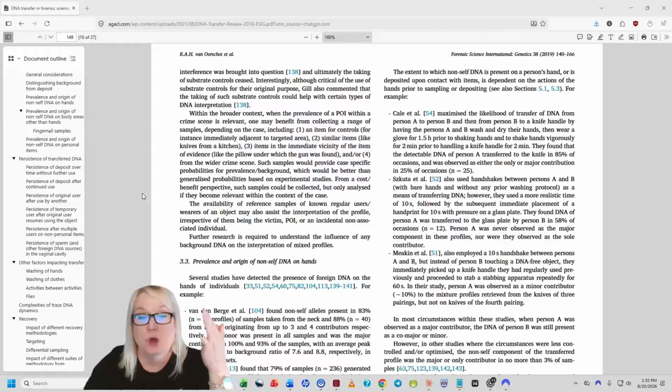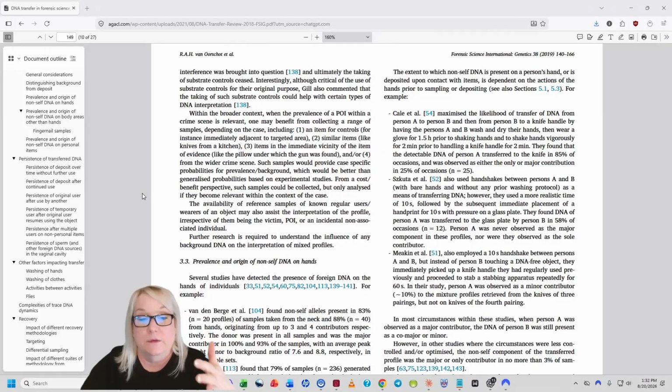Such samples would provide case-specific probabilities for prevalence background, which would be better than generalized probabilities based on experimental studies. From a cost-benefit perspective, those Q-tips are expensive. Such samples could be collected, but only analyzed if they become relevant within the context of the case.